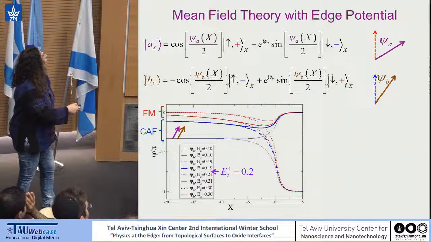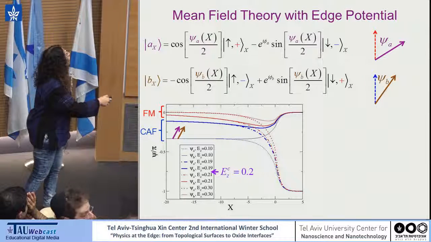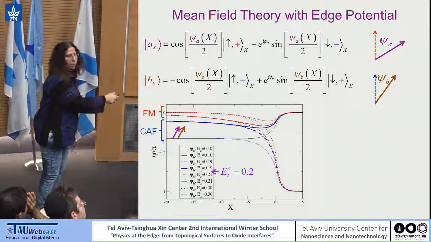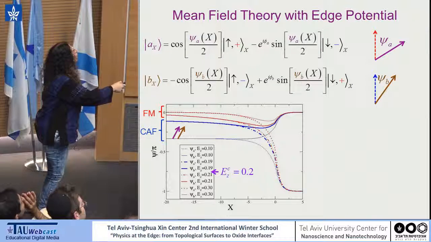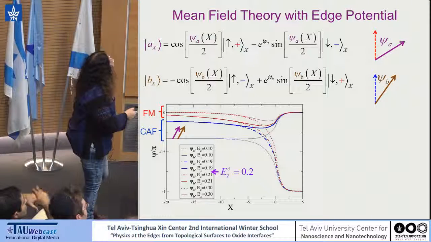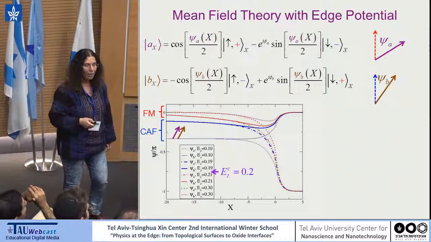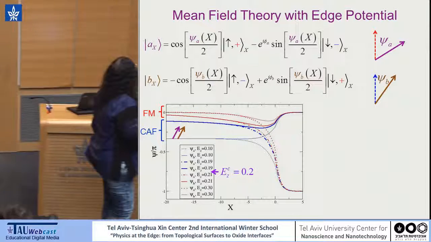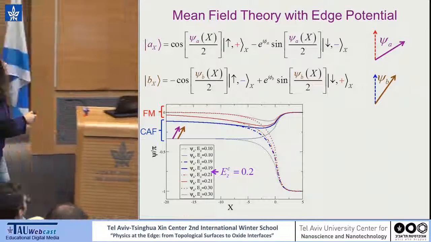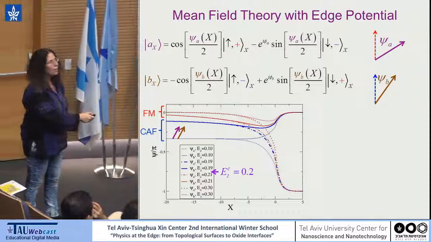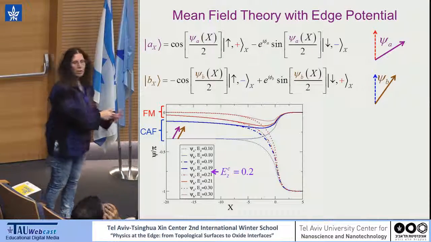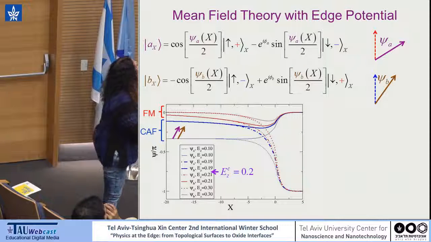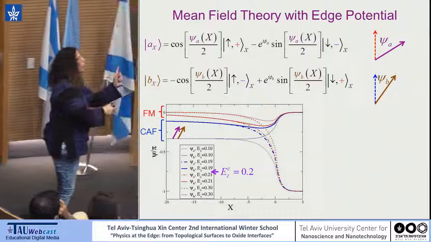So these were found for the canted antiferromagnet phase, and this is for the ferromagnet. And in fact, you see that they look very similar. But there is a very subtle difference between the two phases. The subtle difference is that only in the ferromagnet, the spin configuration changes near the edge from 0 to pi.